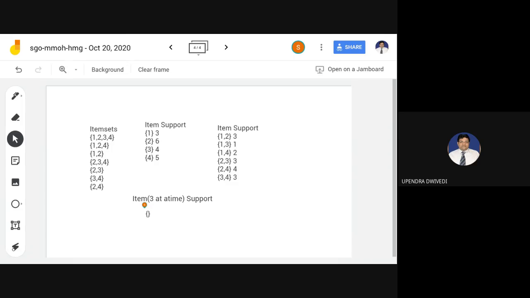Everyone, please provide your response. Amina, Aditya, Anurag, Ariman, everyone, Kavita, please provide your response in the chat box. If you are able to access the Jamboard, please provide the response in the Jamboard also. I am waiting for a response.